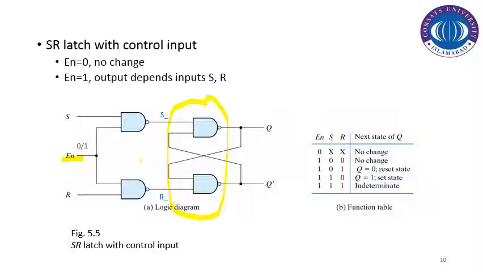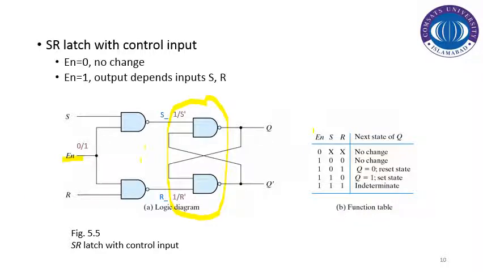Whenever we set the value of enable to 0, whatsoever the value of S and R is, in that particular case, the output remains at no change state. And if we set the value of enable equal to 1, let me see if we have some, yeah.